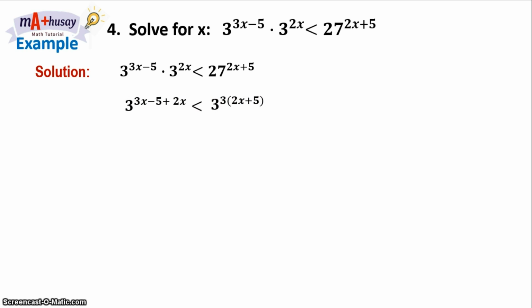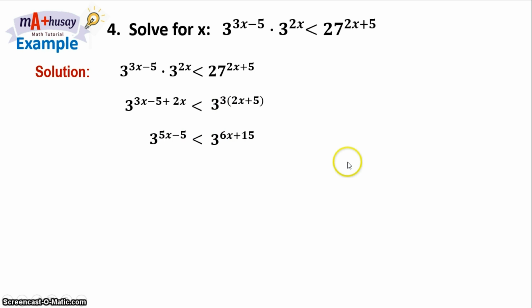Simplifying the exponent ng ating inequalities, we have 3 raised to 5x minus 5 less than 3 raised to 6x plus 15. Kasi 3 times 2x, that's 6x. 3 times 5, that's 15. Now, from here, kung mapapansin ninyo, pareho na yung base ng ating expression, right?